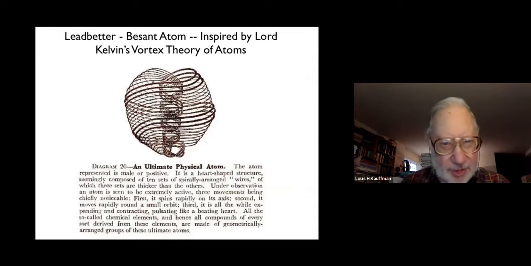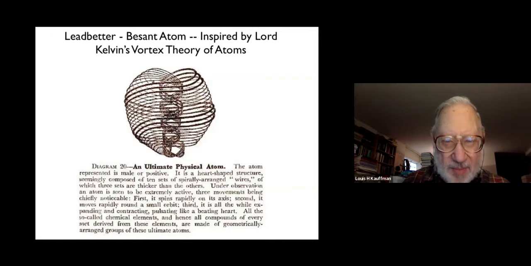Here's an ancient picture from the mystics, Besant and Ledbetter, of what they thought was an atom. Of course, this has no particular relationship to anyone's theory, but it's interesting that they would draw something as complex looking as this, partly influenced by Lord Kelvin and his idea of vortex atoms.